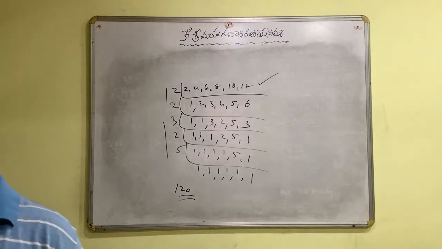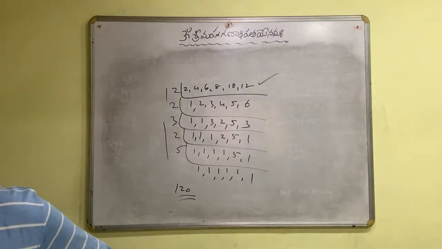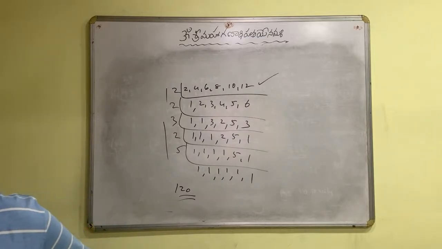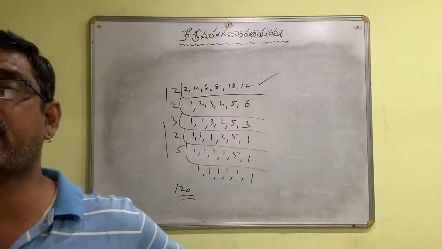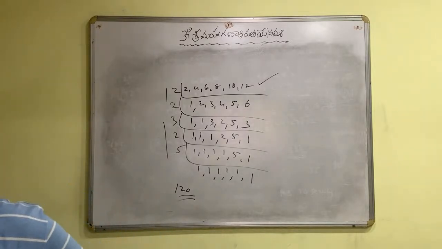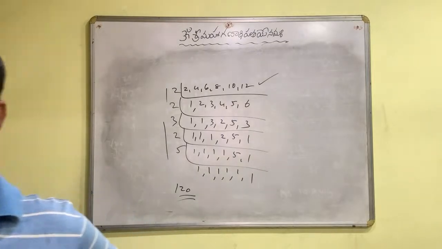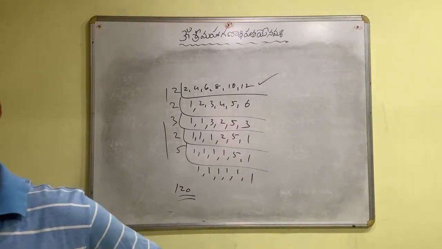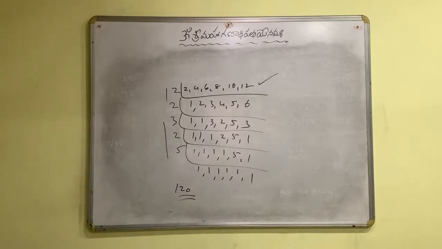So after every 120 minutes, all the 6 bells toll together. 120 minutes means 2 hours. After every 2 hours, the bells toll together. Okay?